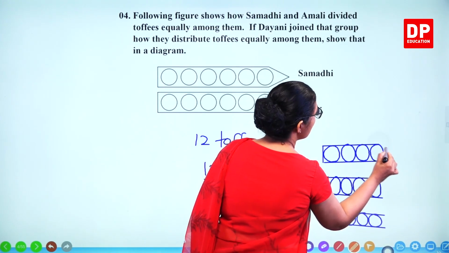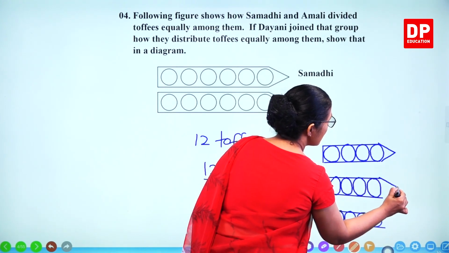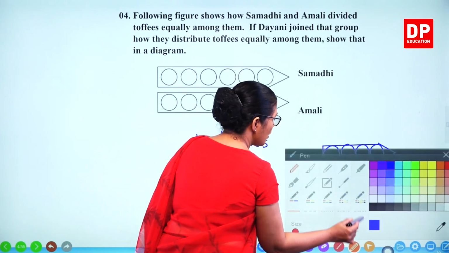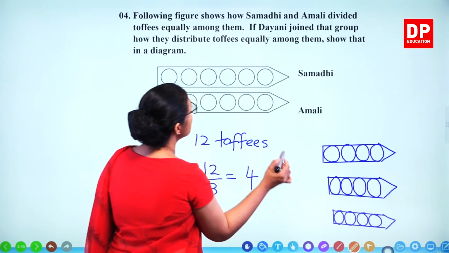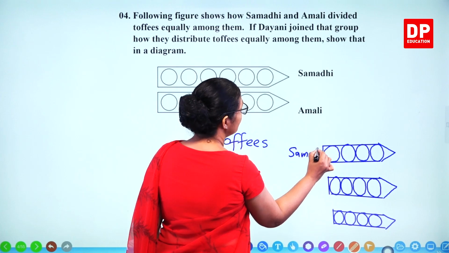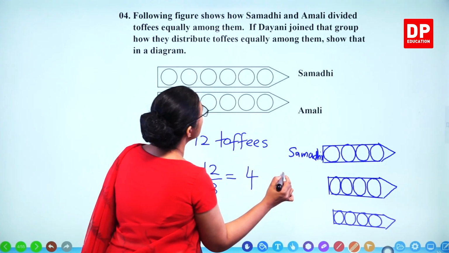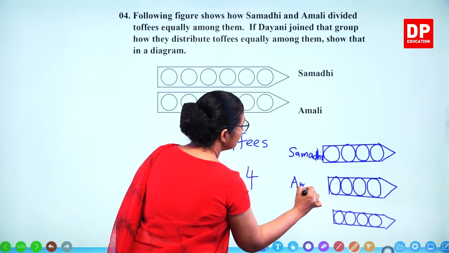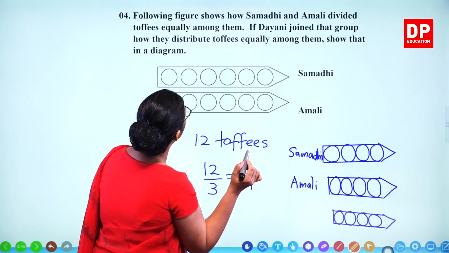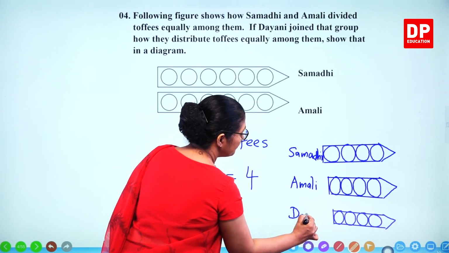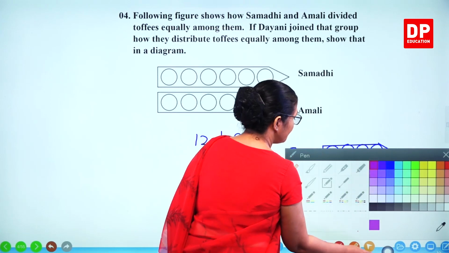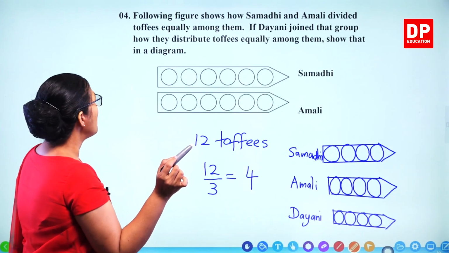So we can put a box like this. So you get 4 each. This is for Samadhi. This is for Amali. And this is for Dayani. So you get 2 marks.